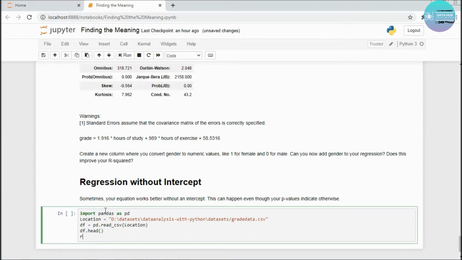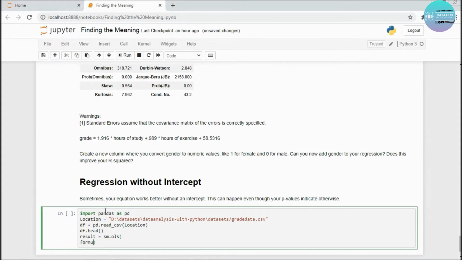Okay, so now result is equals to sm.ols, formula is equals to grade ~ age + exercise + hours, data is equals to df, fit.